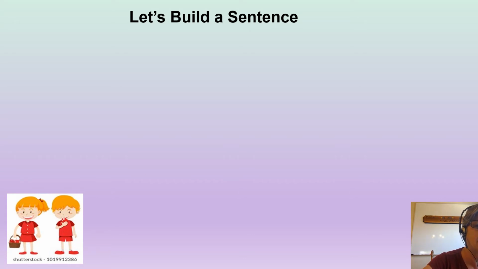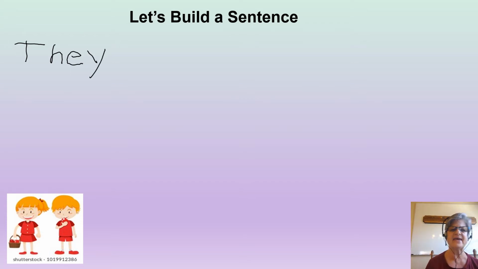First we have a capital T. T, H, E, and Y. That is the word they. You write it on your paper, please. Capital T, lowercase h, lowercase e, and lowercase y.